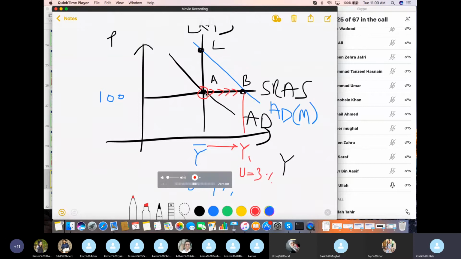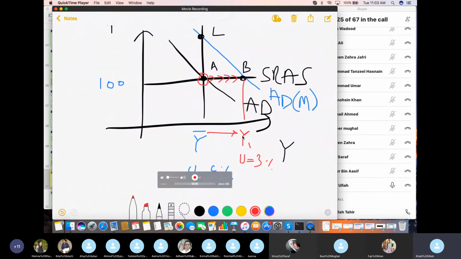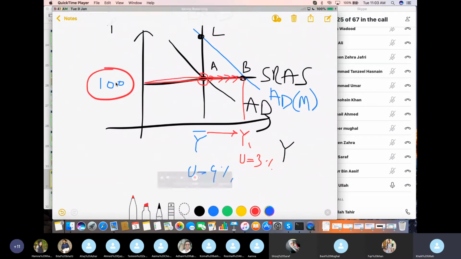So when the economy moves from point A to point B, GDP increases to Y1. पहले Y bar था, it increases to Y1. Unemployment, which was 4% earlier, decreases because now in order to produce more, you would require more people to work for you. However, at point B, price levels are still 100. If you read B over here on the graph, it's still 100. So A or B के ऊपर price levels change नहीं हो रहे.